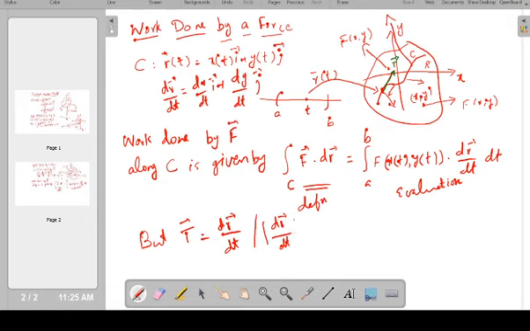Modulus means absolute value or the norm of the vector. This is also equal to dr by ds, that also we have seen in the last class, where s is the arc length. Why is dr by ds again T? That is because of chain rule.